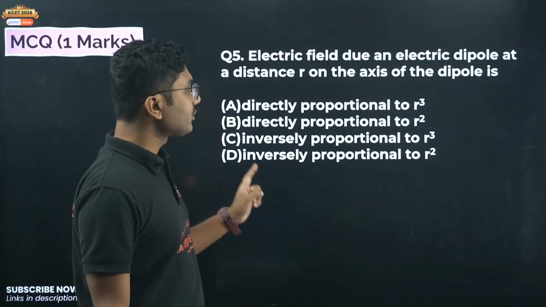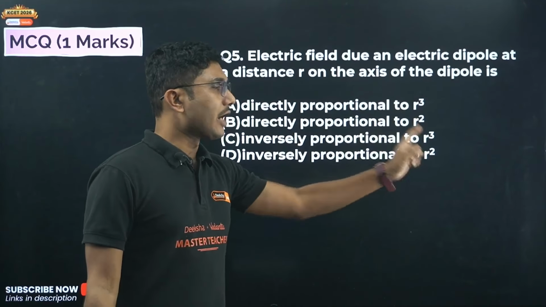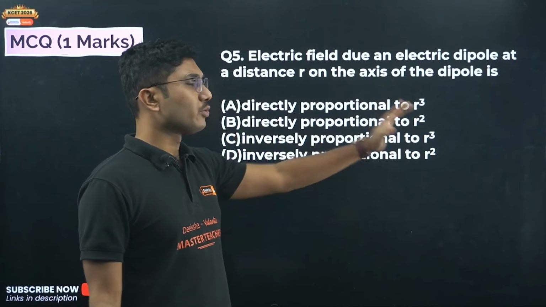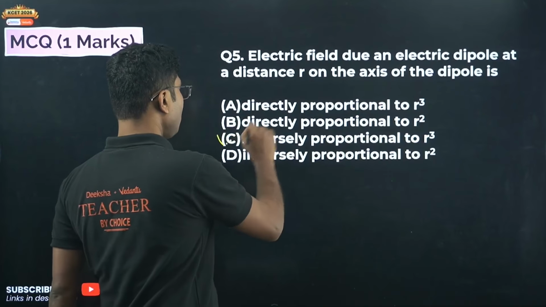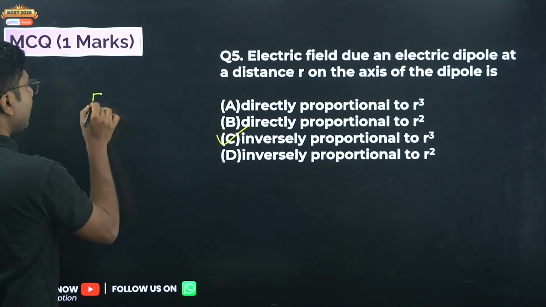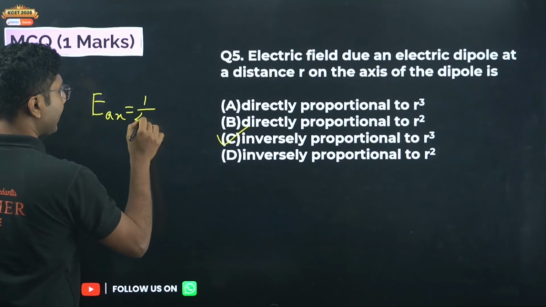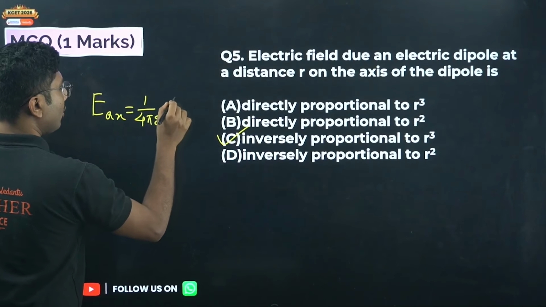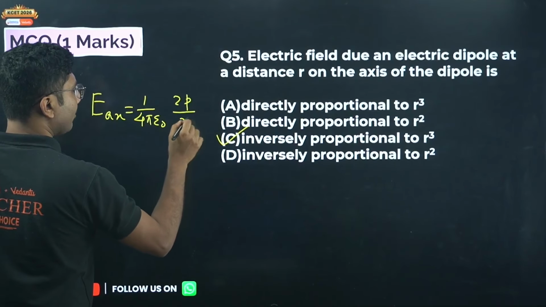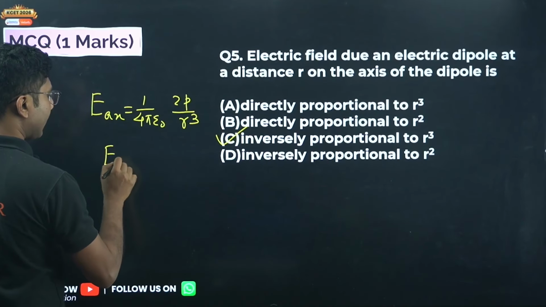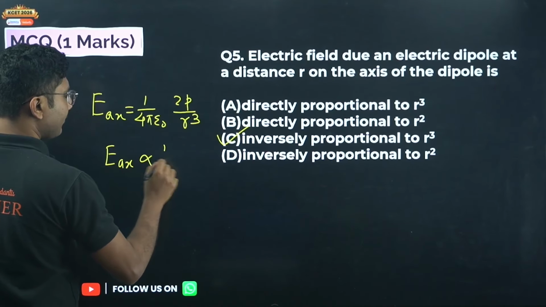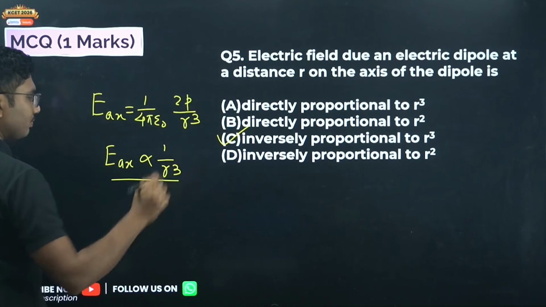If you remember, the electric field due to a dipole on its axis is given by 1 by 4 pi epsilon naught times 2p by r cube. So the electric field on the axis is inversely proportional to r cube.